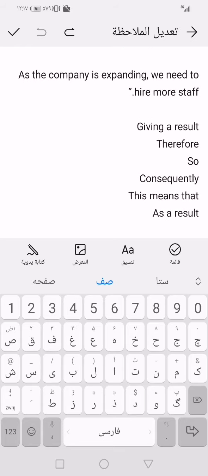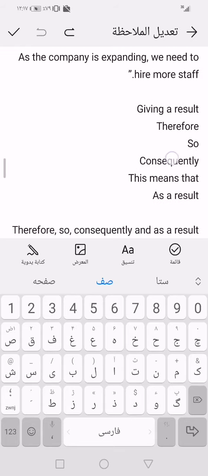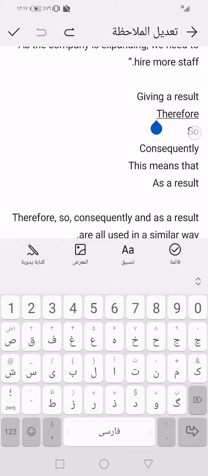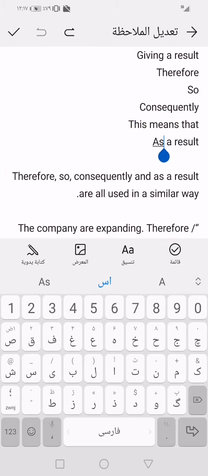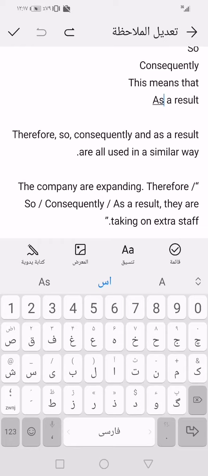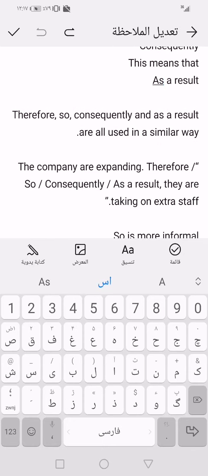Giving a result، إعطاء نتيجة. شنو هي الكلمات؟ Therefore, so, consequently, this means that, as a result. تجي بما معنى بالنتيجة. Therefore, so, consequently and as a result are all used in a similar way.